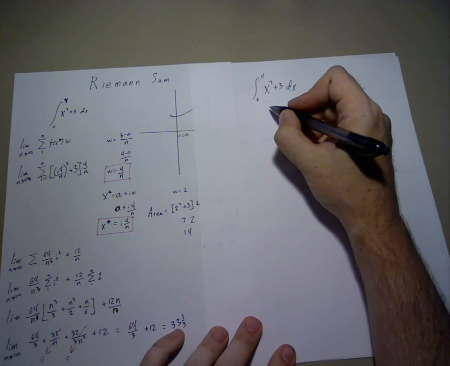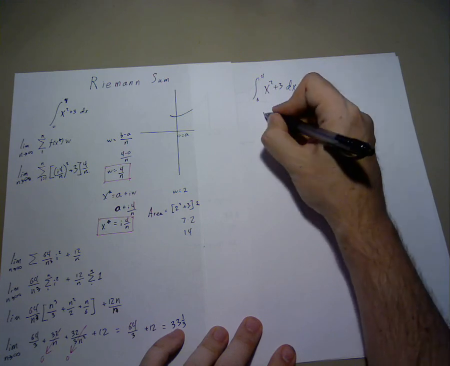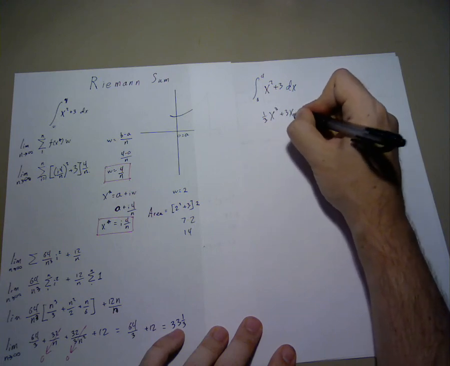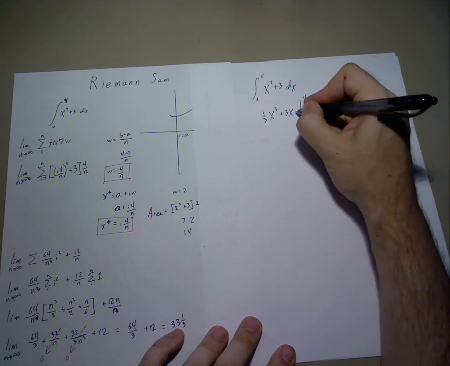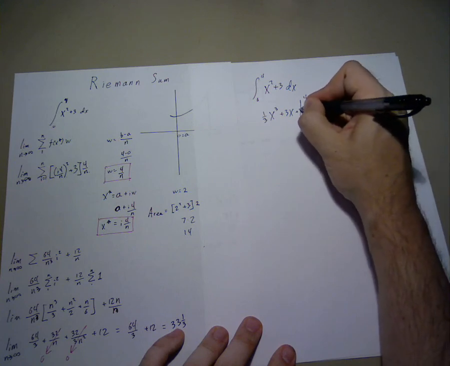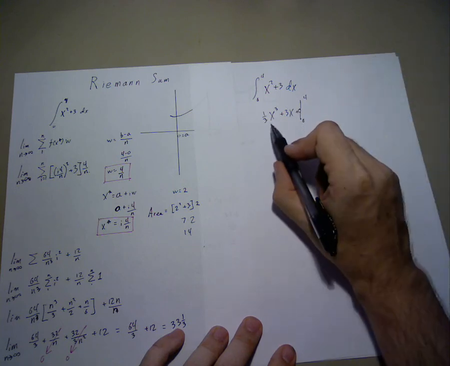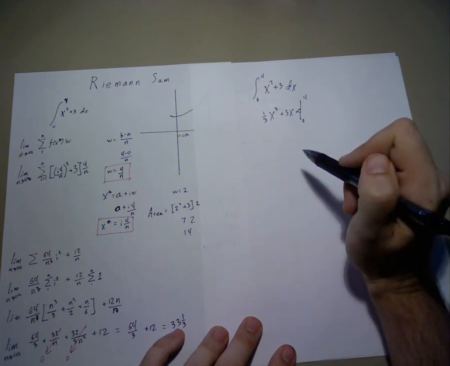Now, using the integral power rule, we can write 1/3 x cubed plus 3x, evaluated from 0 to 4, plus some constant. If we wish, to double check this, we can take the derivative of this and see if we obtain that, which we do.